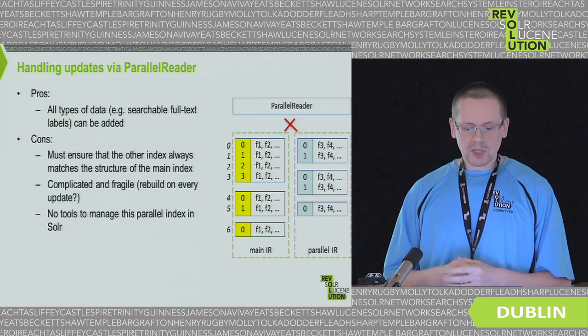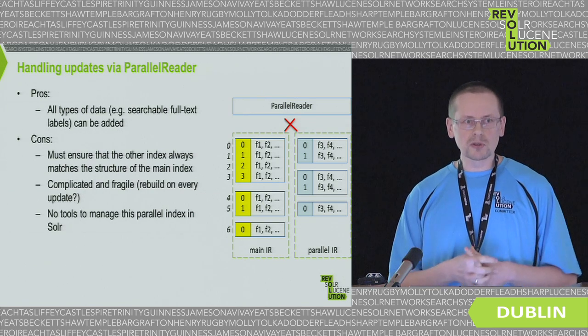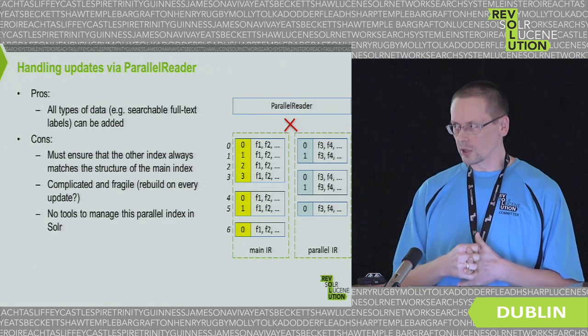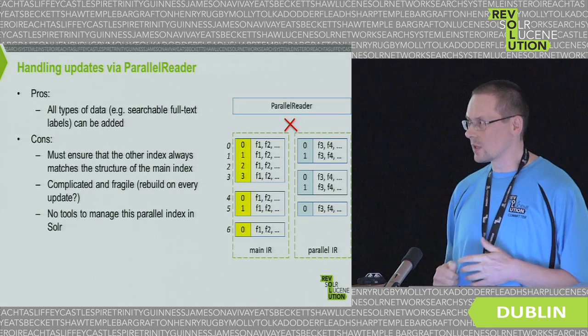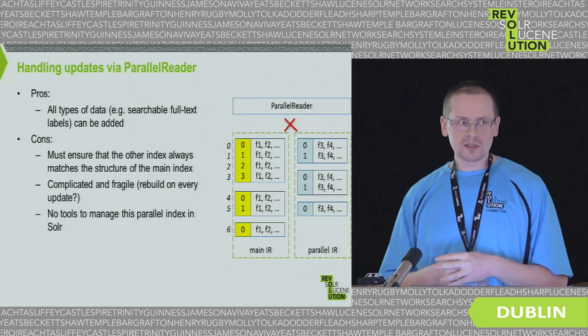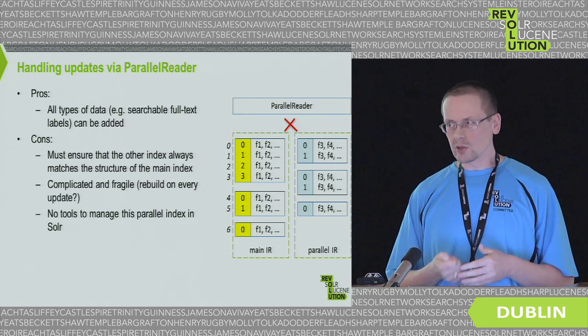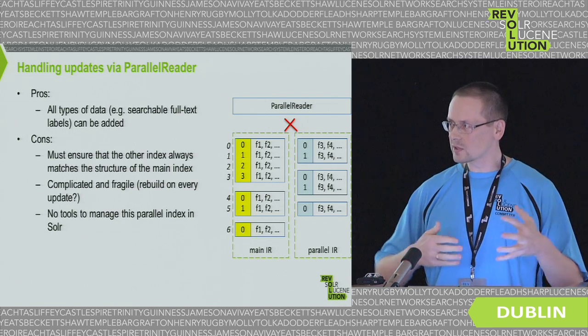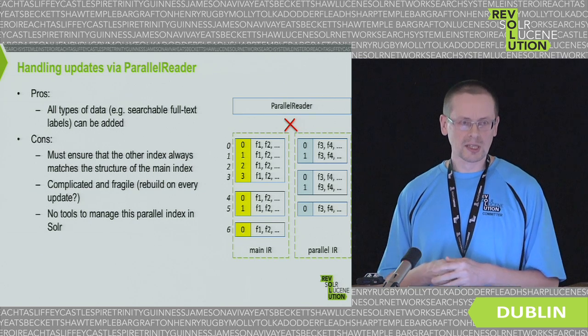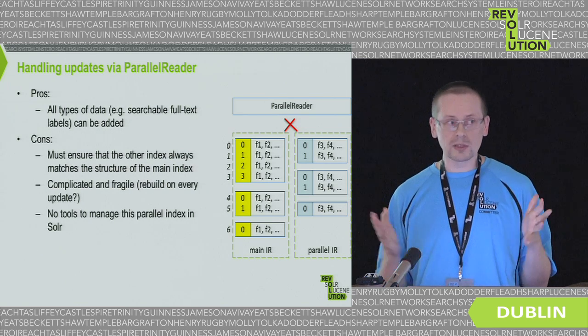So, as I said, sooner or later, if you don't handle these updates very carefully, you end up with the situation that is pictured here, that your secondary or ternary index gets out of sync and has a different composition and different structure, and then, of course, parallel reader refuses to work.